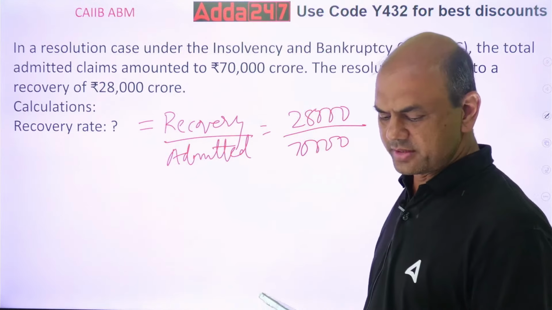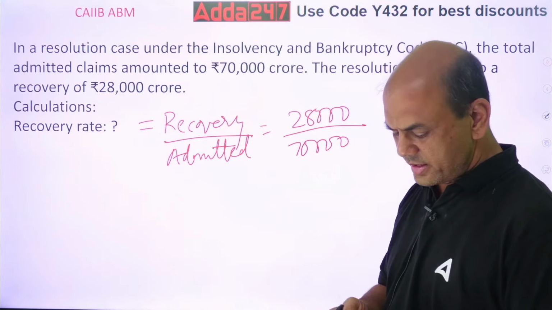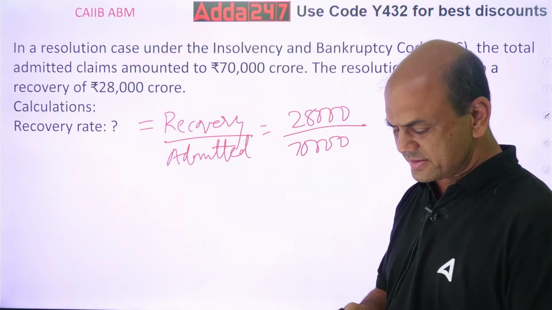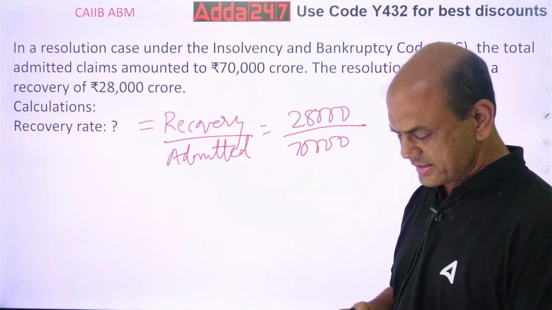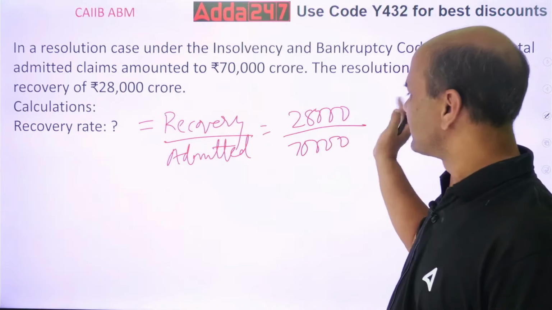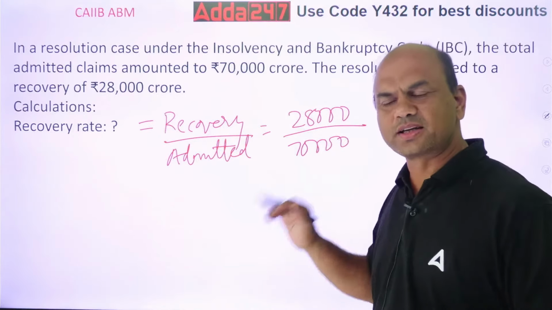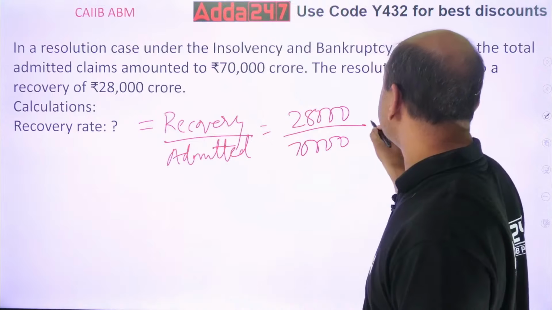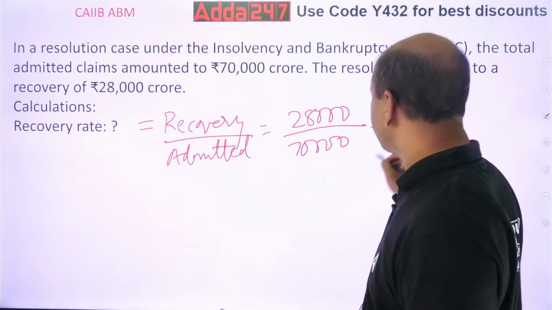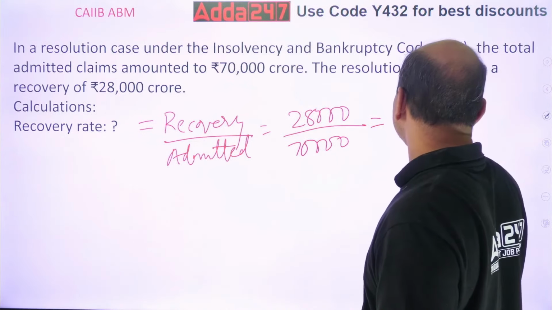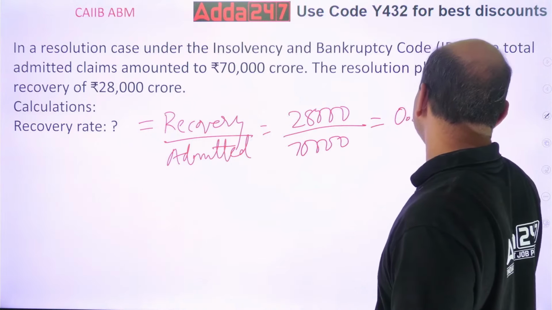Do it, everyone. 28 divided by 70. Forget the 1,000, everything will get cancelled. Crores also gets cancelled. So 28 upon 70, what is the answer? 0.4, or you can call it 40%.